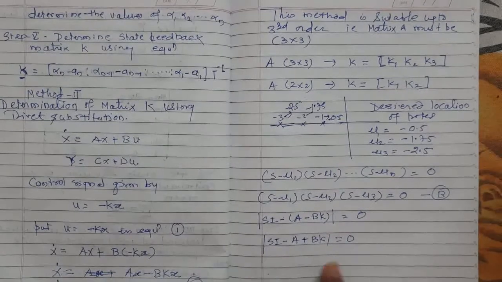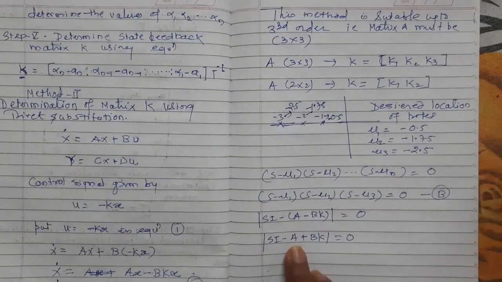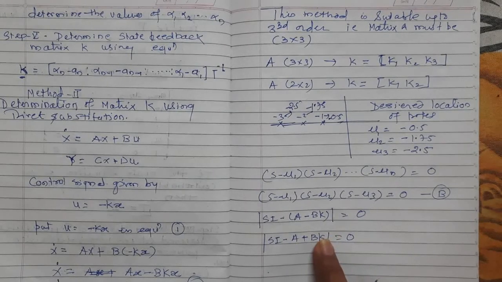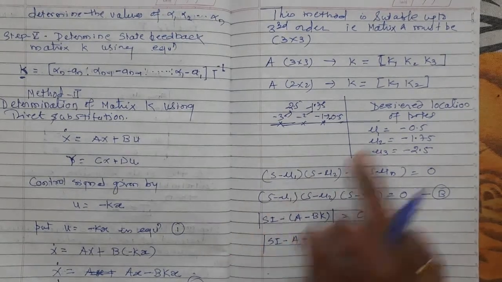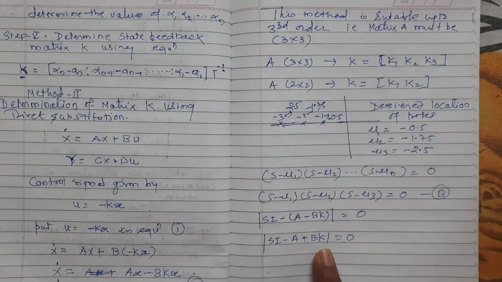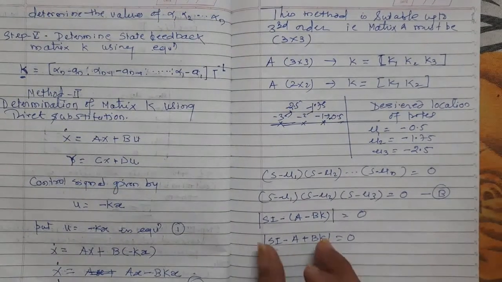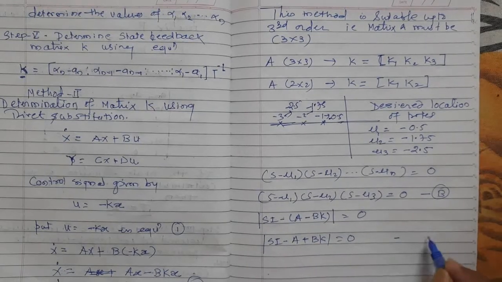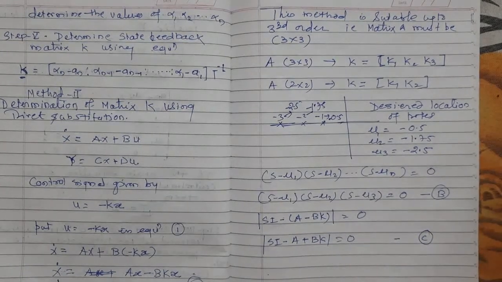Now here we will put the value of a, we will put the value of b, and k will be unknown. That is, K1, K2, K3 we will take as it is, and we will solve this equation. This is my equation C.